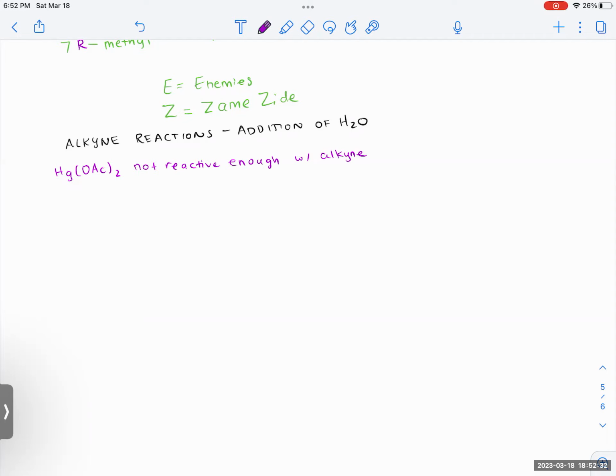So we needed to learn another way, which is the H2O, HgSO4, H2SO4, right? Which is going to do Markovnikov addition.